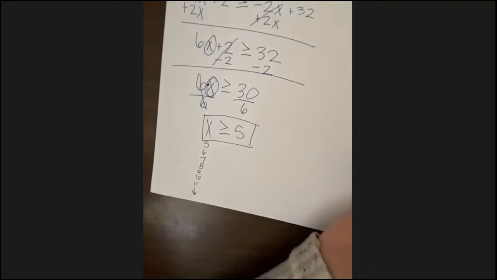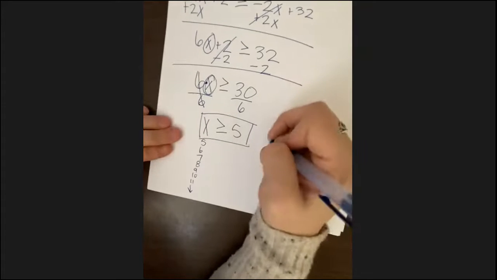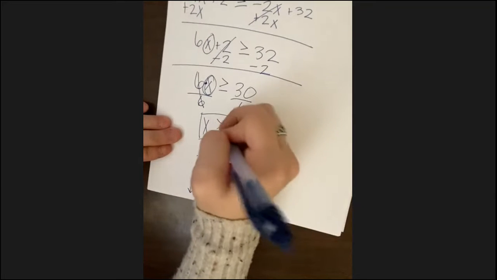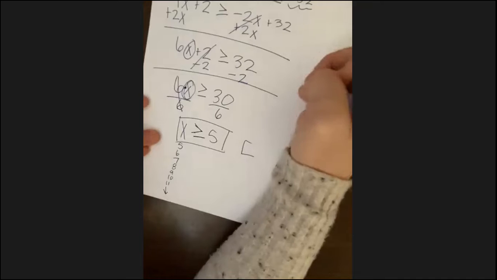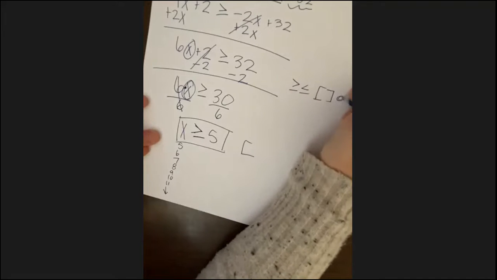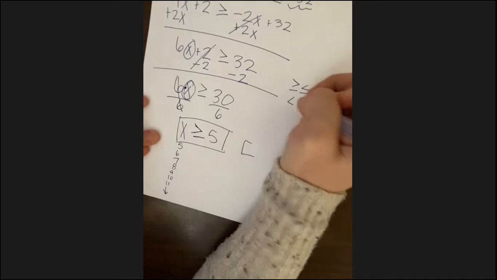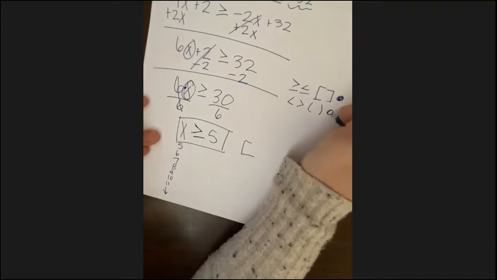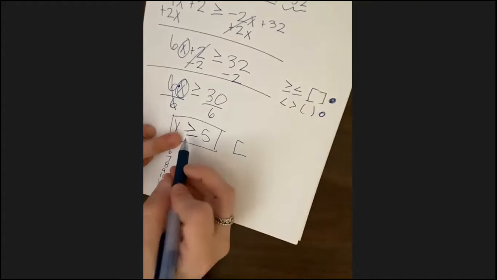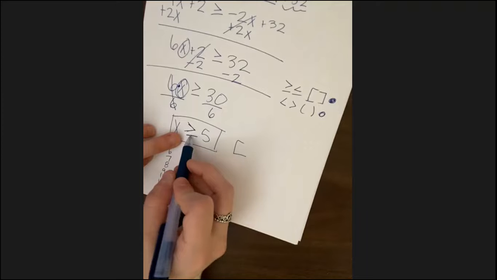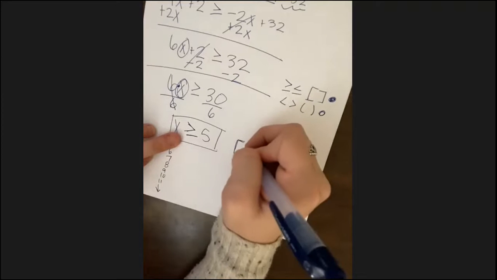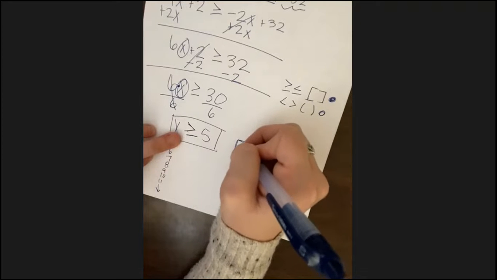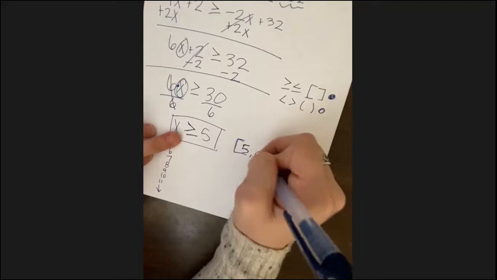So that is why, for the interval notation for this one, we see it's greater than or equal to. Remember, greater than or equal to or less than or equal to is a bracket, closed; parentheses, open. So greater than or equal to, so it's bracket 5 into infinity.